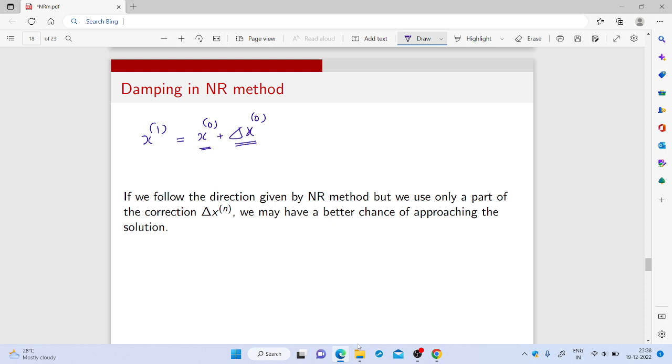In such cases, the direction given by delta x may be correct, but the magnitude may not be correct. So if we follow only the direction given by the Newton-Raphson method, but use only a part of the correction delta x, then we have a better chance of approaching the solution. That is, we use only the polarity of delta x and we damp down the magnitude. We will not use the exact magnitude of delta x, we will use only a fraction of that.